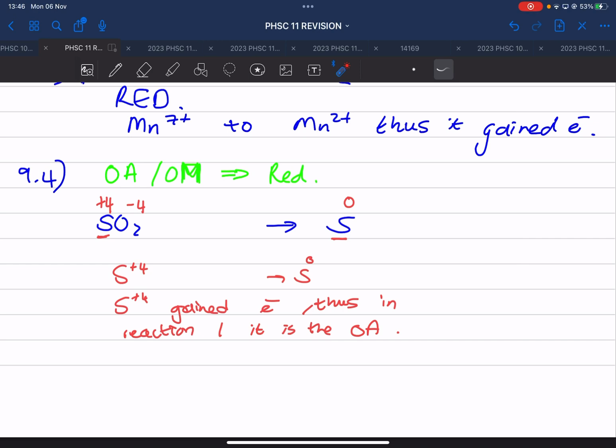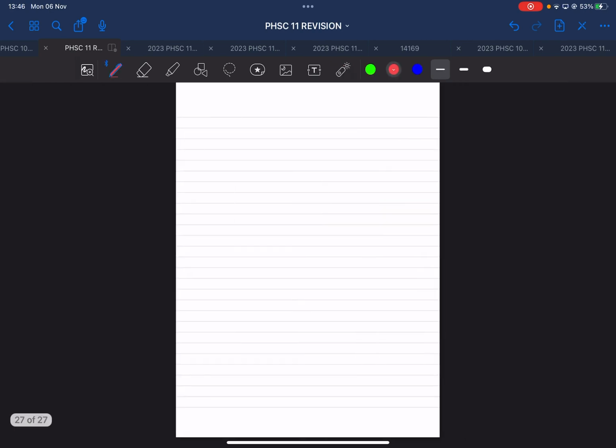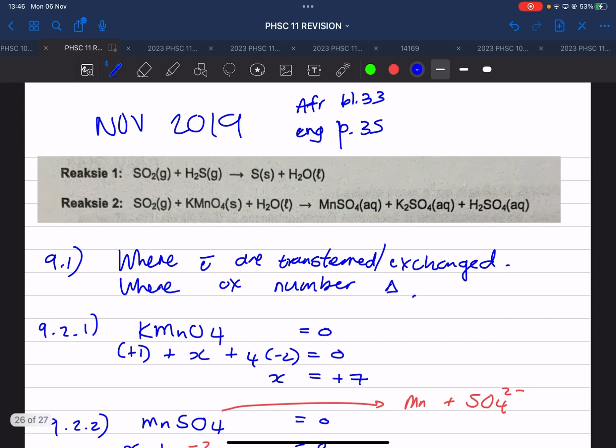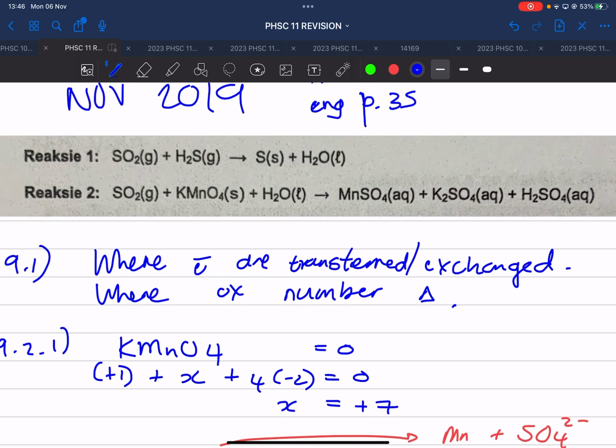Okay. Then question 9.5. They ask you to write down the oxidation half reaction in reaction 1. Now we just saw this is the oxidizing agent.